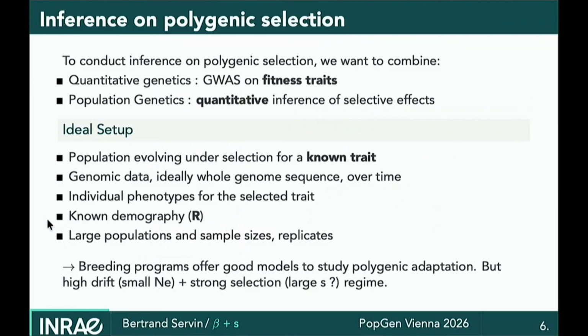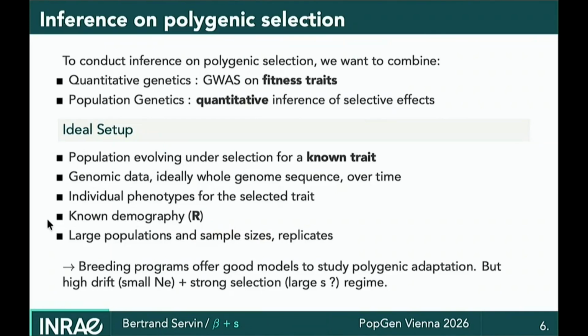Okay, so if we think about what would be the ideal setup for doing this, we want to have a population that evolves under selection on a known trait. And ideally, we want to have genetic data on everyone and maybe over time to study this effect of selection over multiple generations.